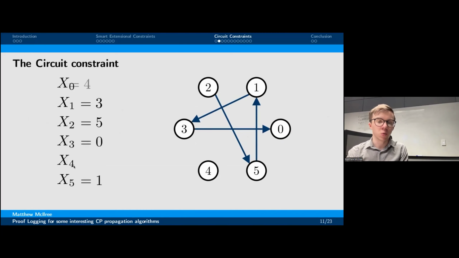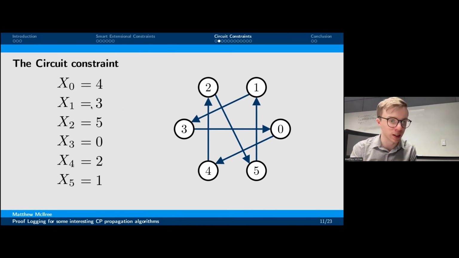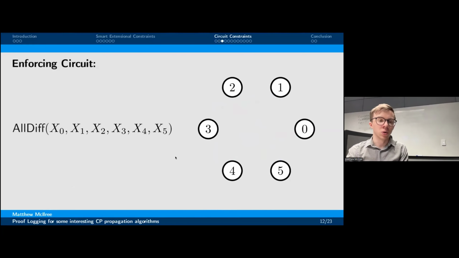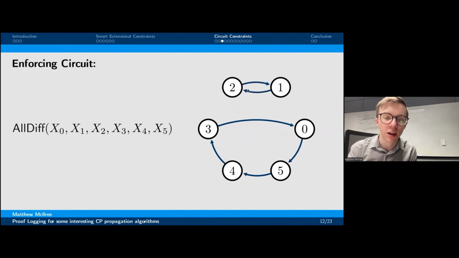So what the circuit constraint then says is together, these variables must take values such that when you look at the values in this way, it encodes a graph that is a Hamiltonian circuit. And this can be very useful for encoding vehicle routing and traveling salesman type problems. As I mentioned before, circuit can be propagated with an all different constraint because obviously the values have to be all different.